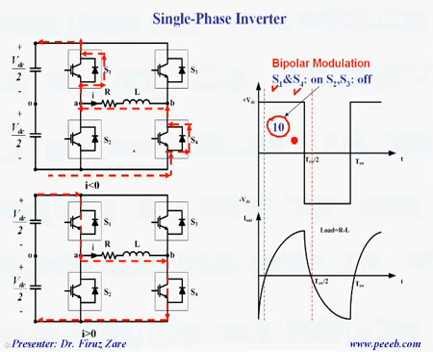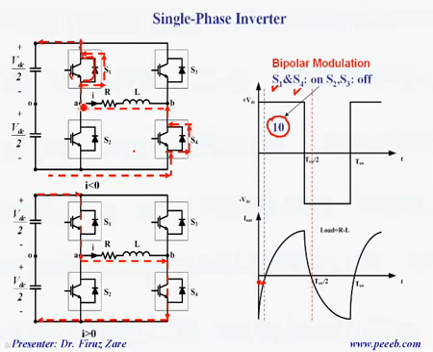But in a steady state, we can see that for this short period, the current is negative while the output voltage is positive. So output voltage is positive because this switch is on, and because the current is negative, this is the direction of current. This switch is on but it cannot handle the current because of the direction of current, so in this case current passes through the diode.